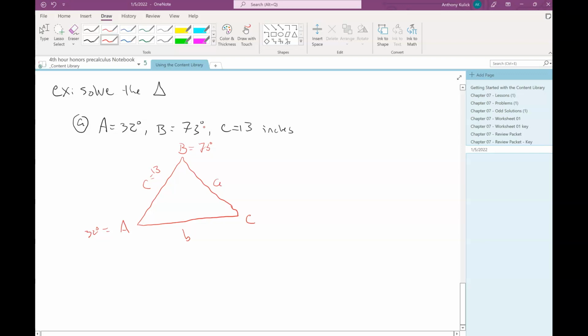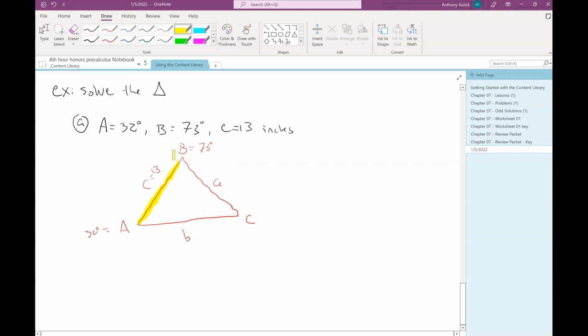Which situation is this? Is this ASA or AAS? ASA. Very good, ASA. Why? Because there's an angle, one side length, and another angle. Yeah, it's because the side length is an arm for both angles, right? So it has to be in between two angles.